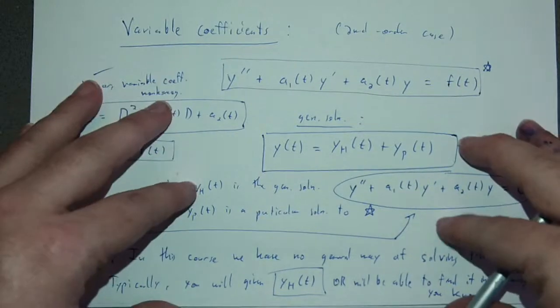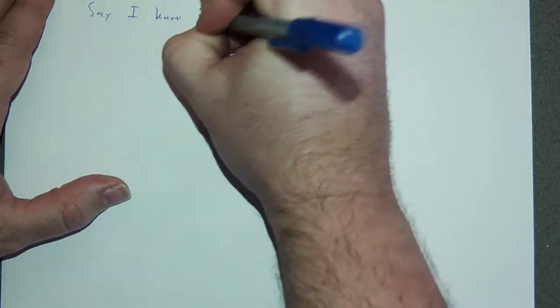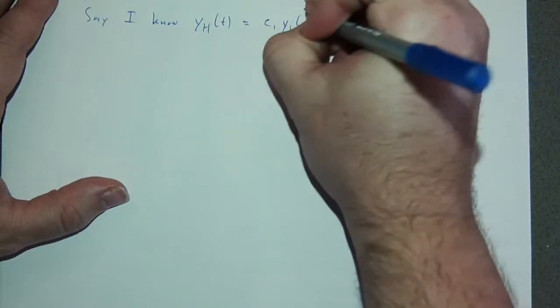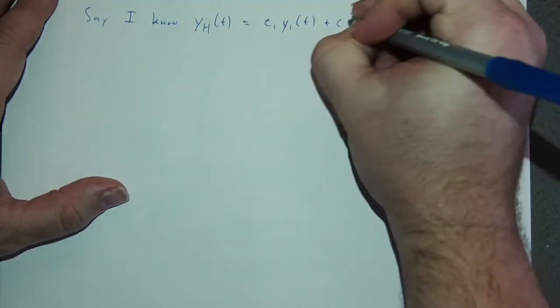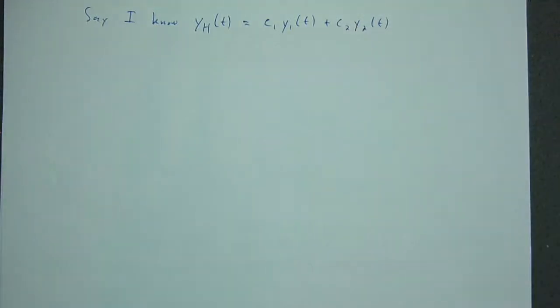So let me just restate that. Say I know y sub h of t, which I'll write as c1 y1 of t plus c2 y2 of t.